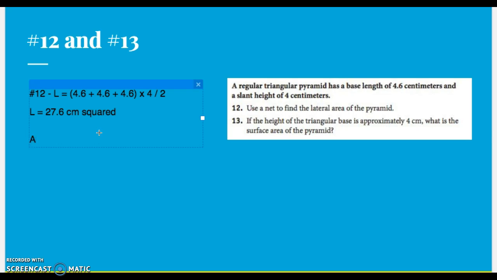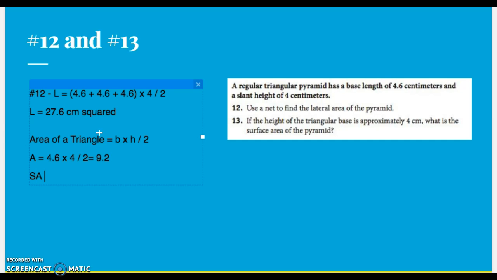All right, so this is a little different this time because you have a triangle instead of a square base. And we know the area of a triangle can be found by doing base times height divided by 2. So let's do that. Our base is 4.6 times the height, which is 4, divided by 2, and that is going to equal 9.2.